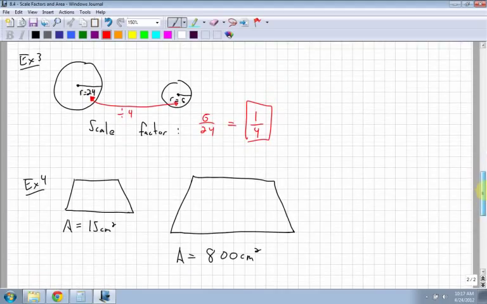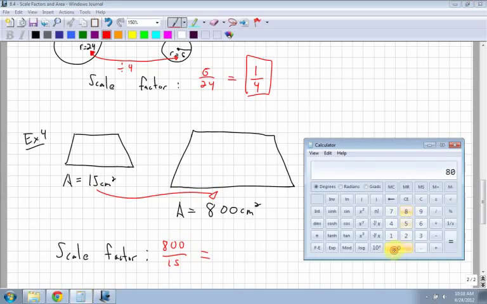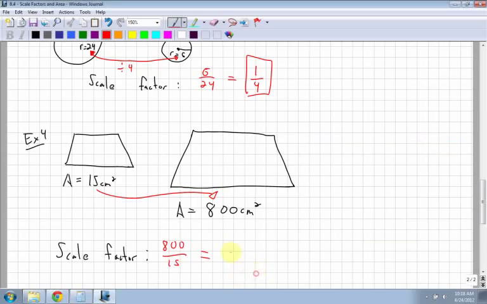Now, let's look at example 4. Here I'm given just the areas. This is going to be kind of hard. Well, it's 15 to 800. Okay, so I know it's an enlargement. What's it an enlargement by? So I have 800 over 15. 800 over 15 is 53.33.